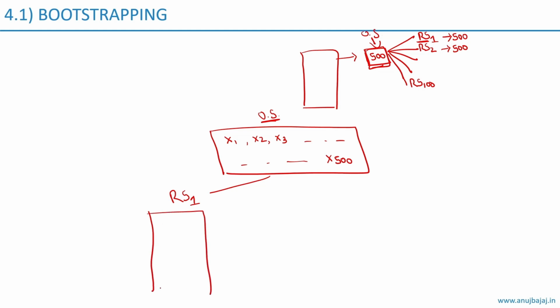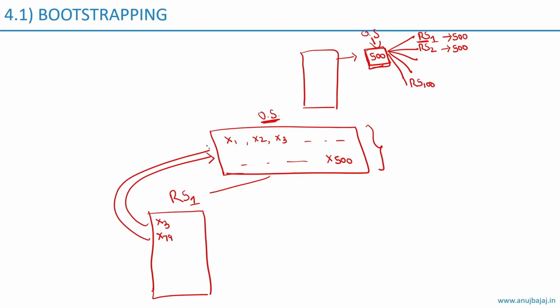So even resample 1 will have 500 observations. What we do is, from the original sample, we randomly pick one observation. Suppose that observation was the third observation. Then we put this third observation back into the original sample. Then again, from the 500 observations, we randomly pick an observation. Suppose that observation comes out to be the 79th observation.